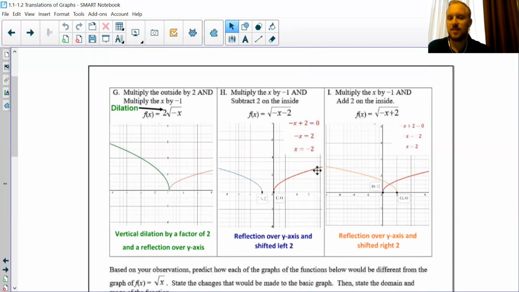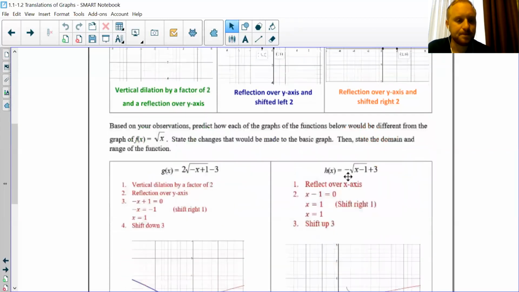So it's shifting to the left. Okay, so just keep that in mind when you're setting these equal to 0 to see whether it's shifting to the left or right. So notice that this one, we know it's reflected over the y-axis, and then it has a plus 2. So if we were to set this equal to 0 and solve for x, you'll notice that x is positive. So that means it's shifting to the right too. Okay, so there's that.